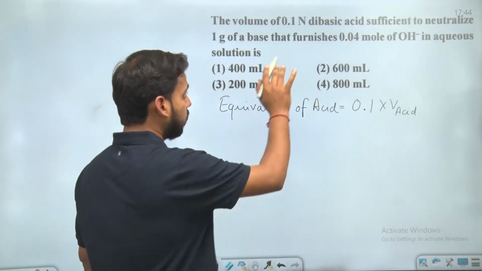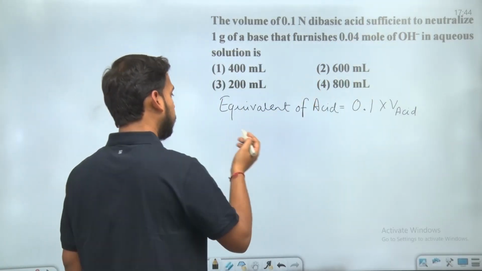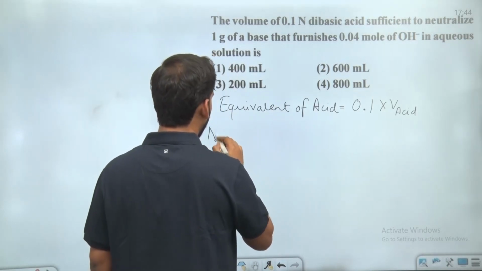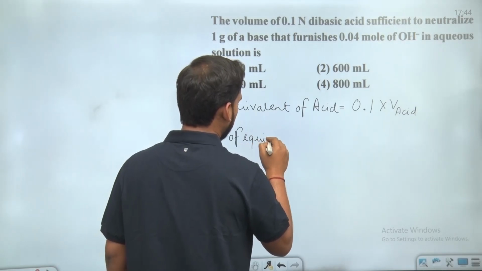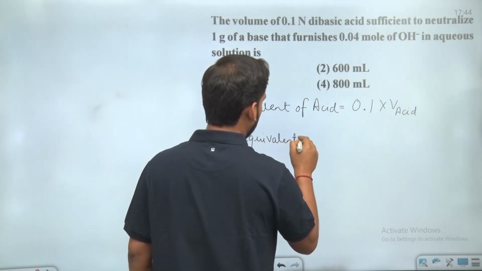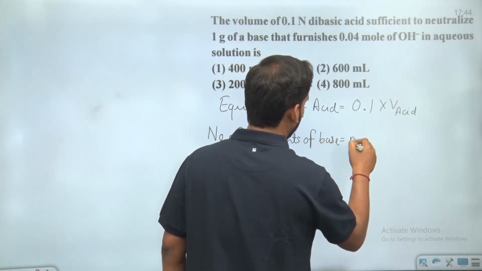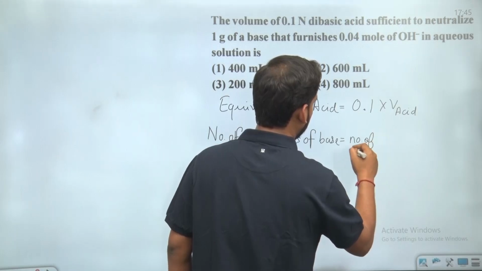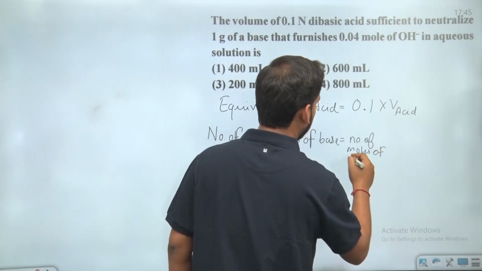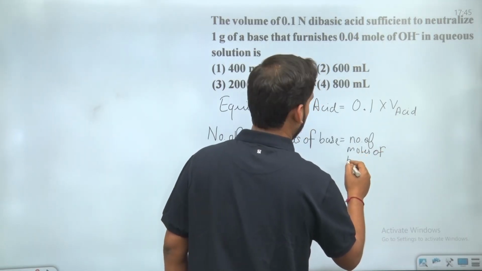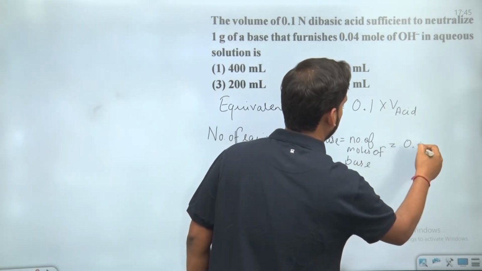The neutralization will take place with the base that furnishes 0.04 moles. So the number of equivalents of base will be equal to the number of moles of base, which is given as 0.04.